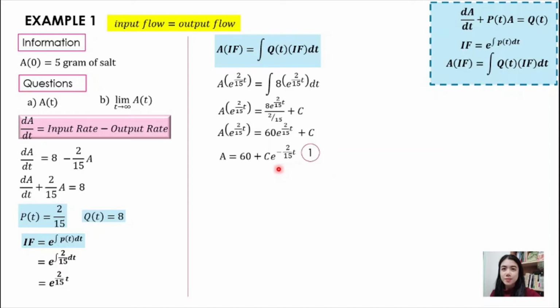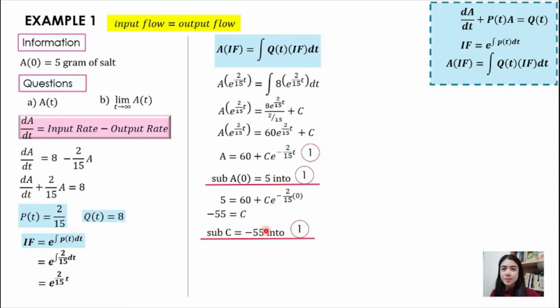The next thing you have to do is figure out the value of C here. You can get it from this information: A(0) equal to 5. So substitute A(0) equal to 5 into your equation number 1. Your amount of salt now is actually 5, and your time here is actually 0. So you substitute, and then you have the next line. You simplify, and then you have your value of C, so your C is actually negative 55.